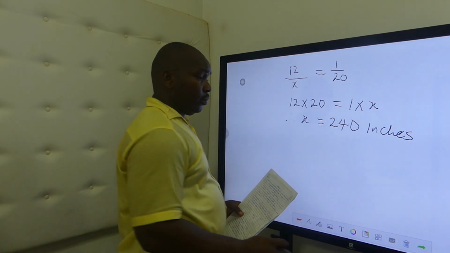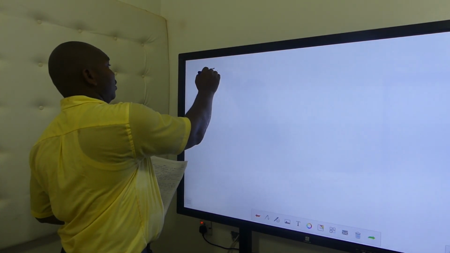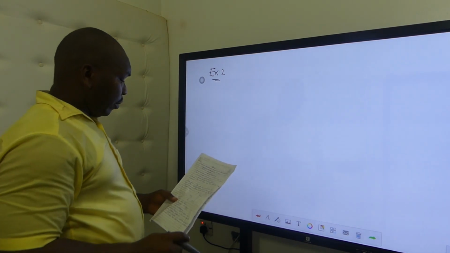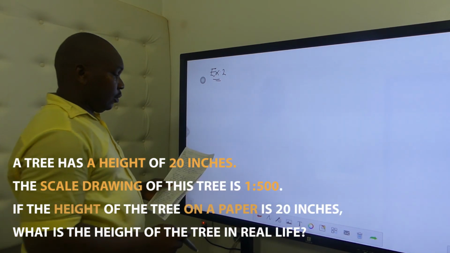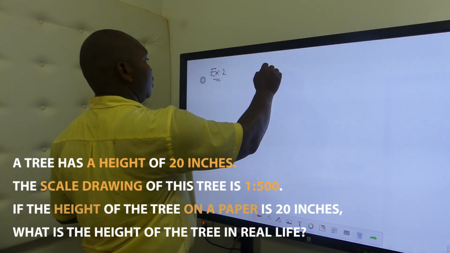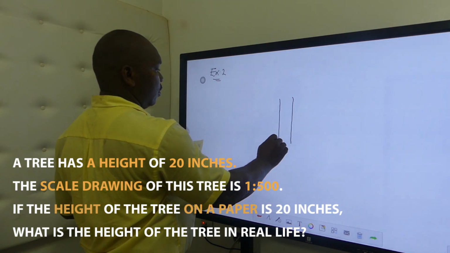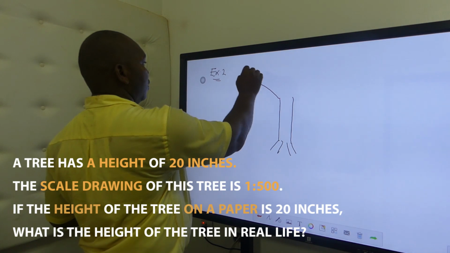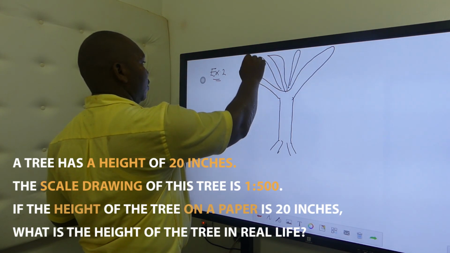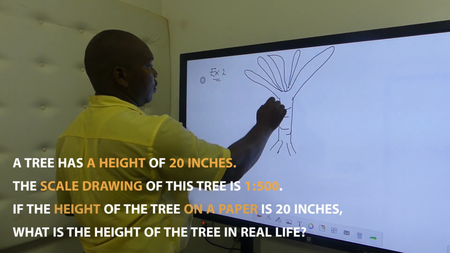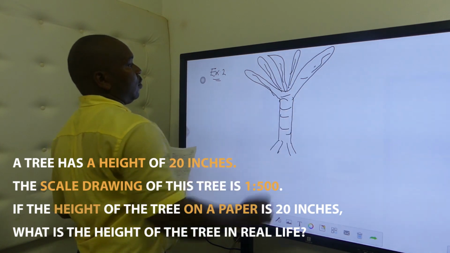Then another question, example 2. Example 2 says, the scale drawing of this tree. We have a tree. This is the tree.